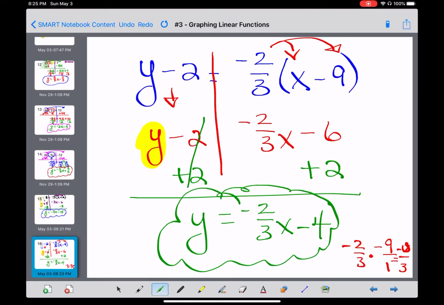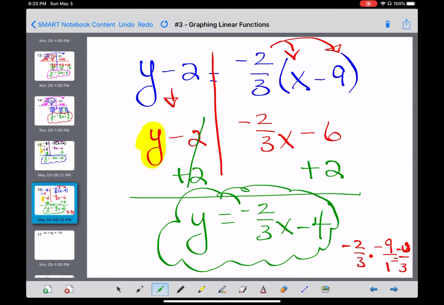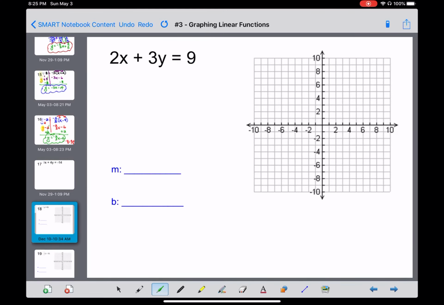And there we go. All right, so let's start graphing. Okay, so now that was S12, so now this is going to be S19.